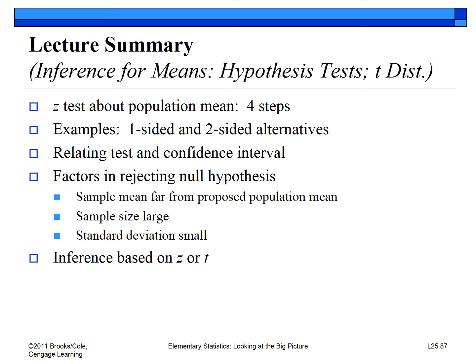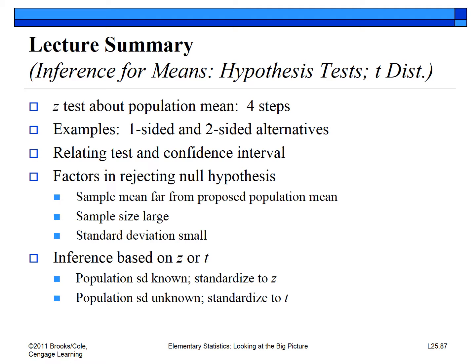Finally, we also looked at the relationship between z and t. Those are the two distributions that we might look at for the way sample means are distributed. We talked about when the population standard deviation is known, we'll get z, but if the population standard deviation is unknown, we'll use t.